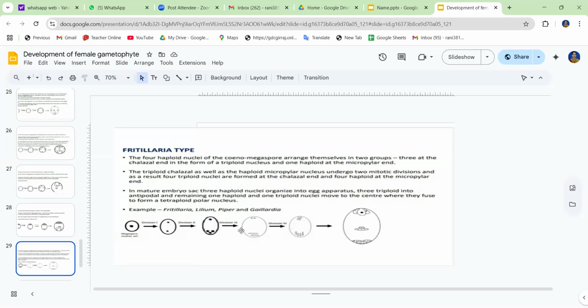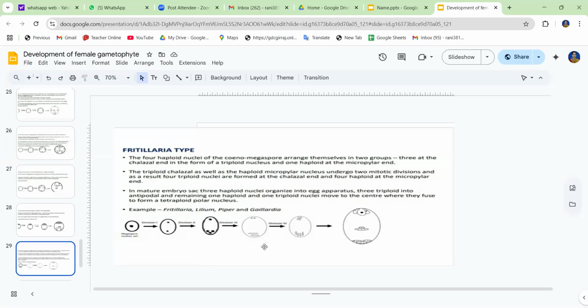So whatever it may be, the 4 haploid nuclei of the coenomegaspore arrange themselves in 2 groups, upper and lower: 3 at the chalazal end in the form of the triploid nucleus and 1 haploid at the micropylar end. Just micropylar and chalazal end arrangement.